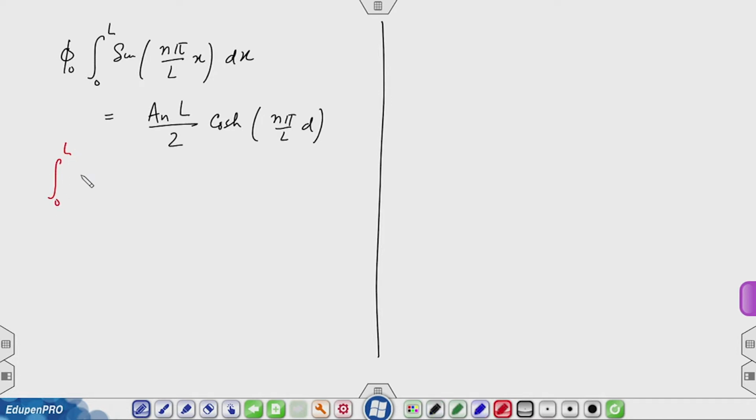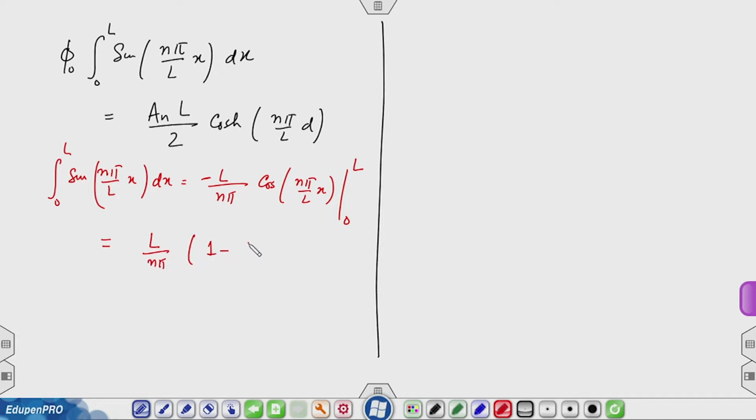This integral 0 to L sine n pi over L x dx is nothing but L over n pi cos of n pi over L x 0 to L with a minus sign in front, and this is going to be equal to L over n pi 1 minus cos of n pi, which is equal to L over n pi 1 minus 1 raised to n.